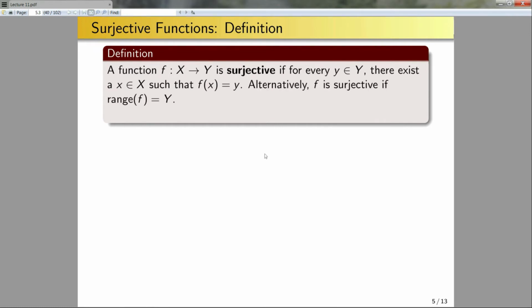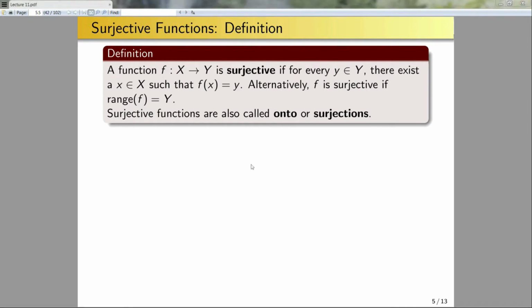Alternatively, f is surjective if the range of f is equal to Y. Why does this work as a definition? Well, if for any y in Y there's something in X that f maps to it, by definition, every element of Y is in the range of f. Finally, surjective functions are also called onto or surjections.